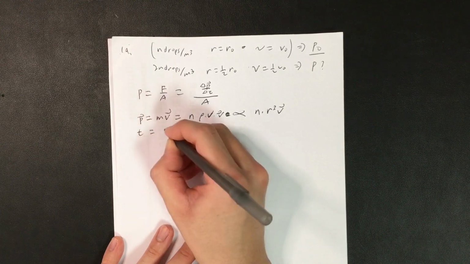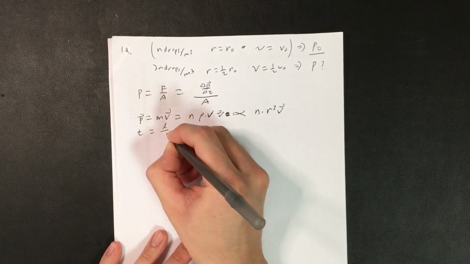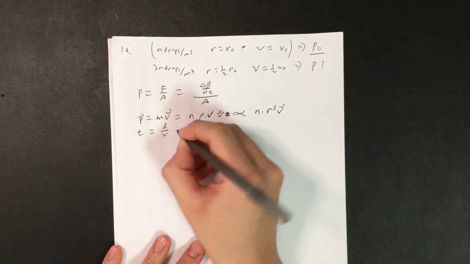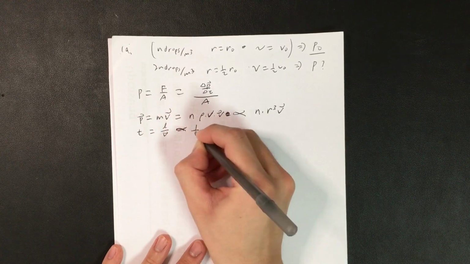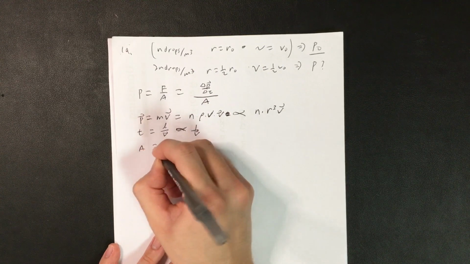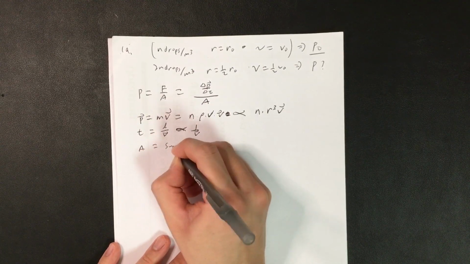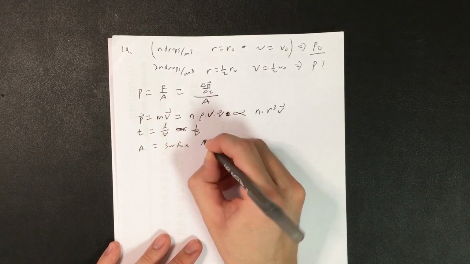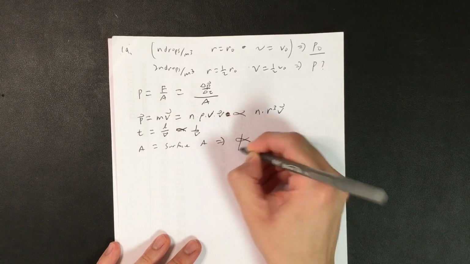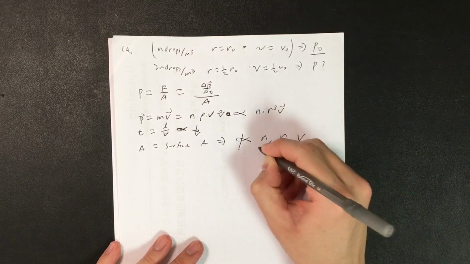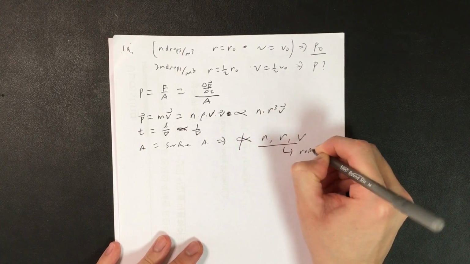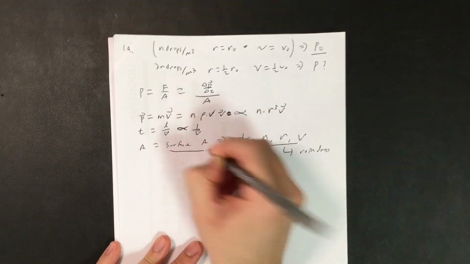Time equals the length traveled by this raindrop divided by the velocity, in which this is inversely proportional to velocity. And area, this is simply the surface area of the ground, in which this is not proportional to n, r, or velocity, since these are characteristics of raindrops, not the surface of the floor.